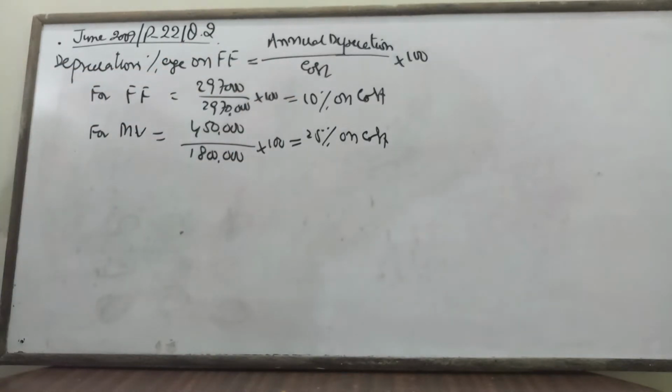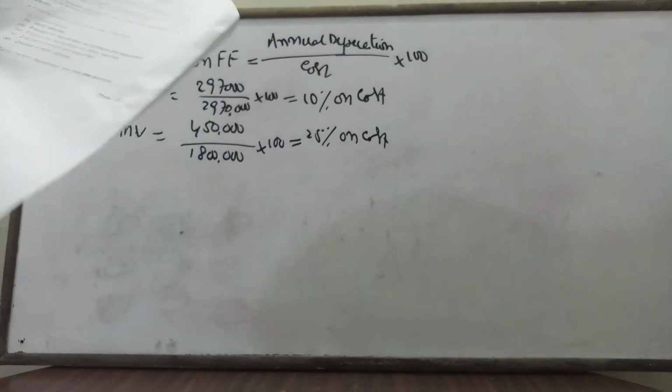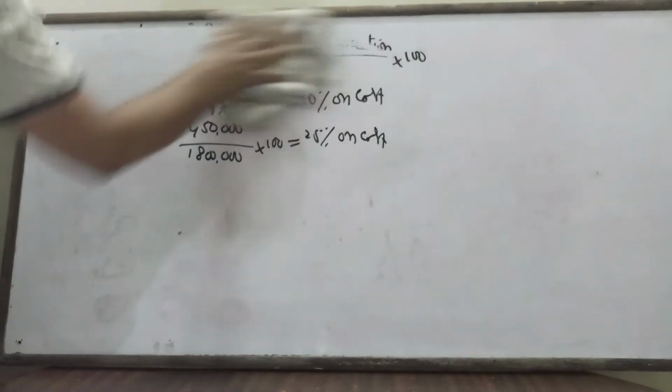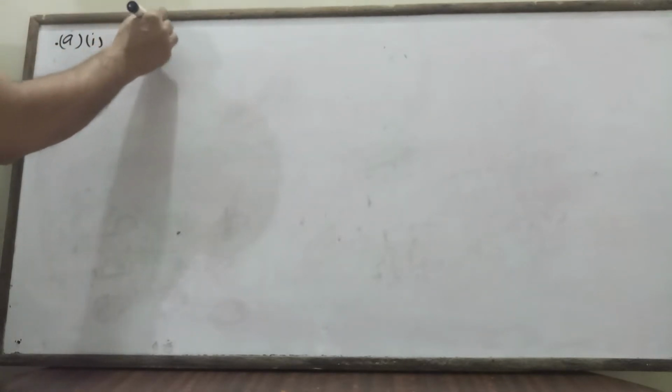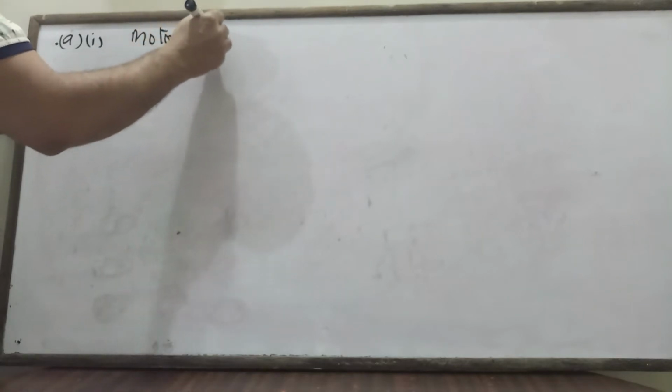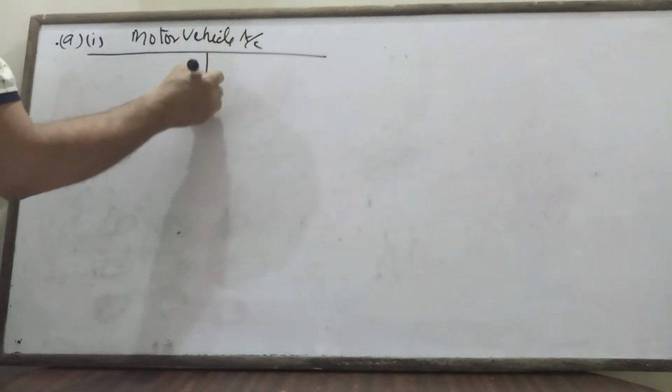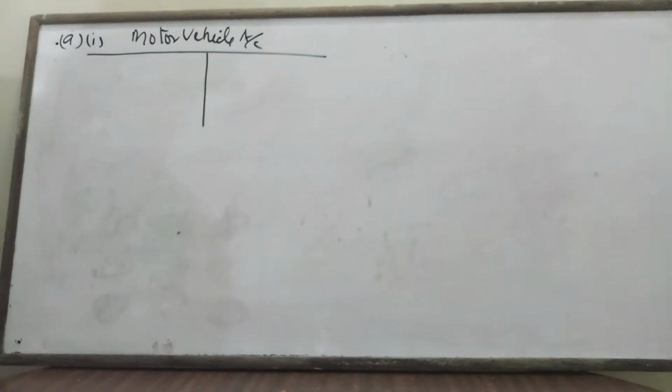Now coming to the requirement. In requirement number 1, part A, the requirement says motor vehicle account and provision for depreciation.